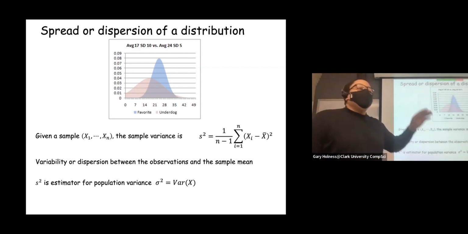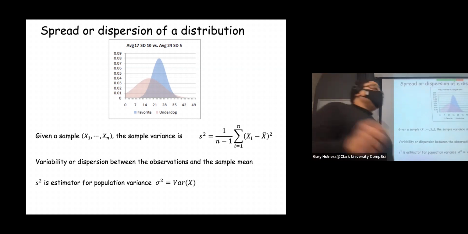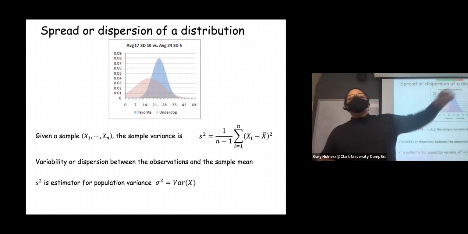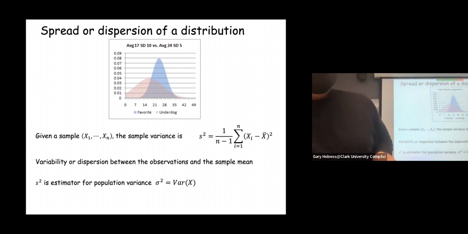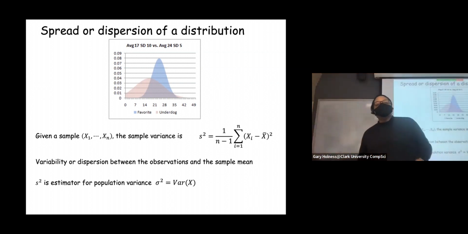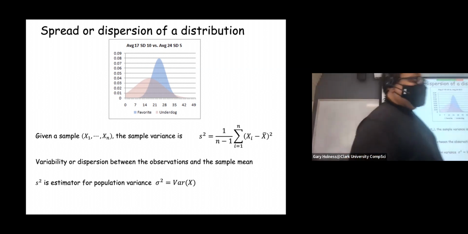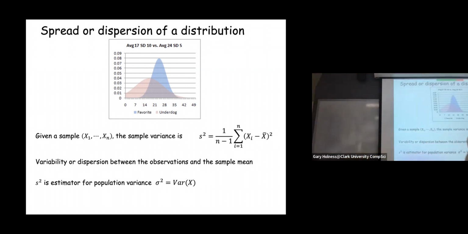In the case of things like commute time, if you measure the commute time and there's a lot of variability, it means people are coming from very near as well as very far. If your commute time from your survey respondents has very small variability, it means it's very regionalized, that they're located relatively close to campus. And that could be telling you something like your campus is primarily residential and not very many off-campus or commuter students.